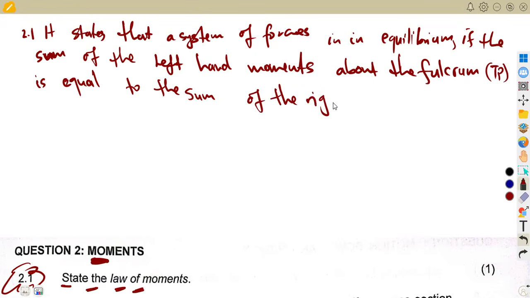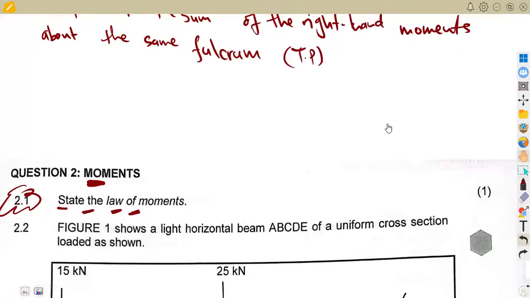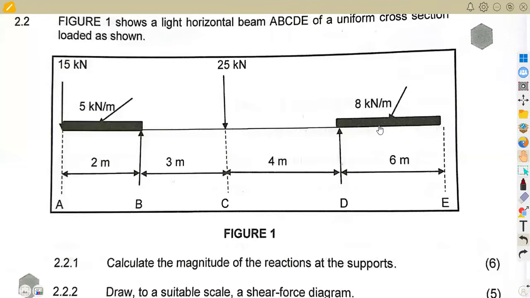Remember, the fulcrum simply represents the TP, our turning point. So we are simply talking about clockwise and anti-clockwise moments about the same fulcrum, the same turning point. The clockwise moments should be equal to the anti-clockwise moments. That is the idea of our law of moments.